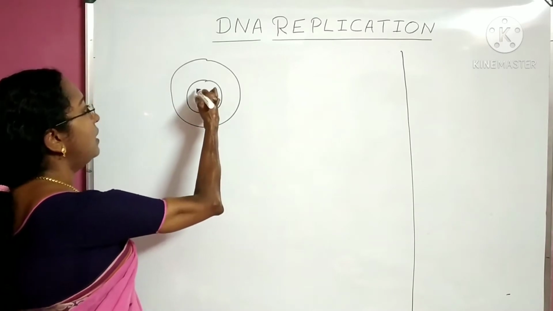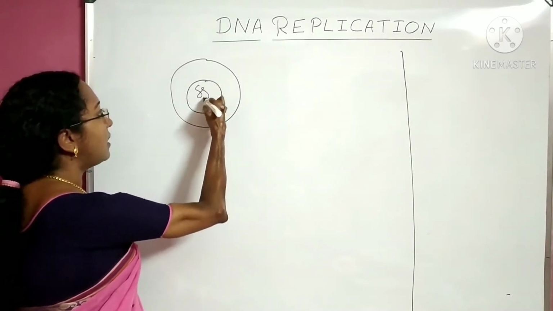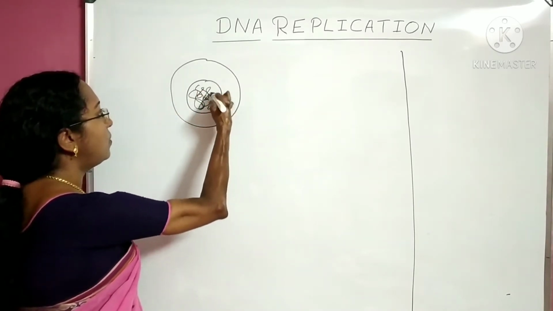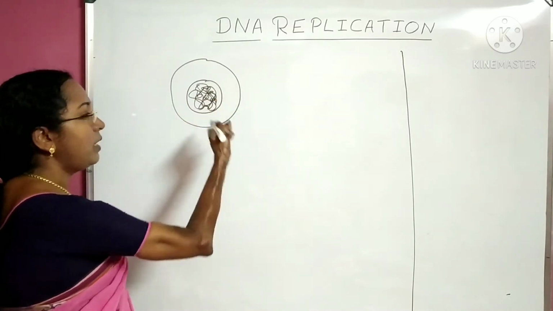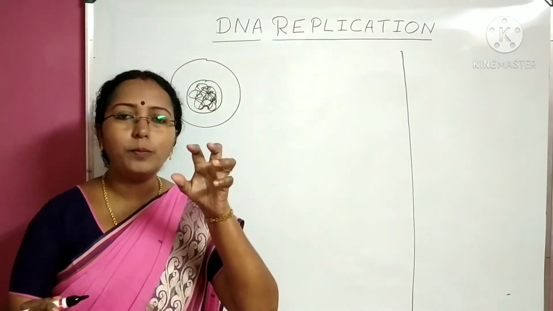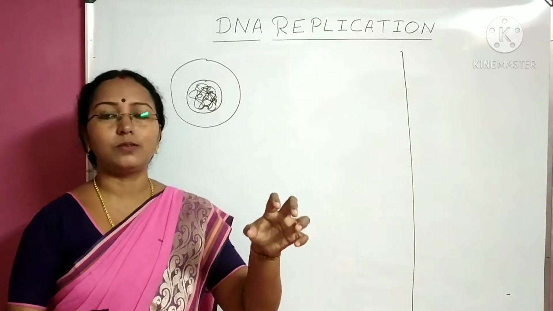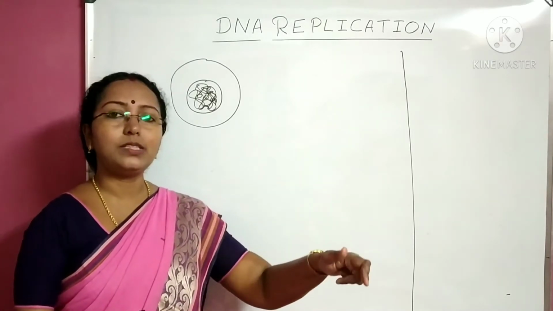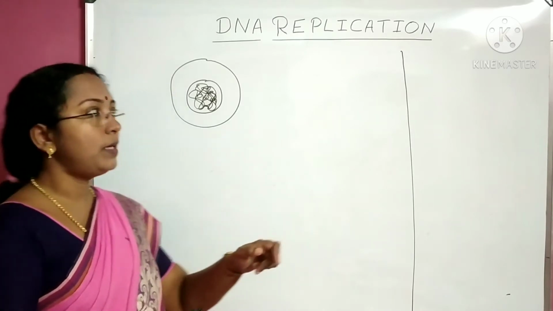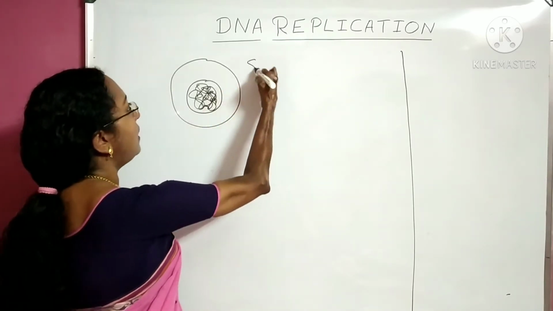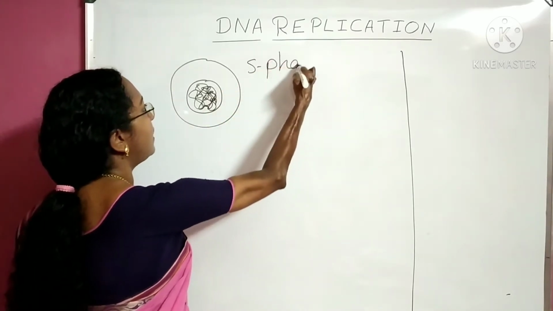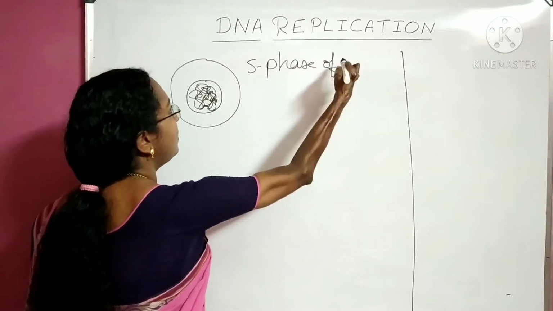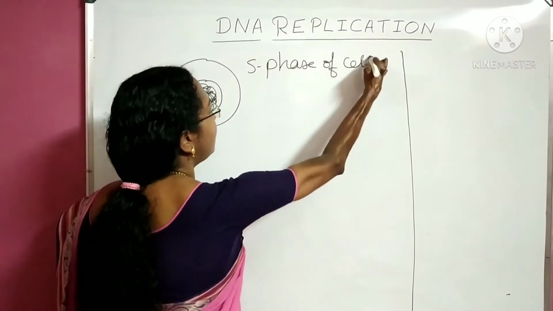This DNA is placed as a conglomerated mass in chromosomes. And when does this DNA replication take place? It takes place during the S phase of cell division.